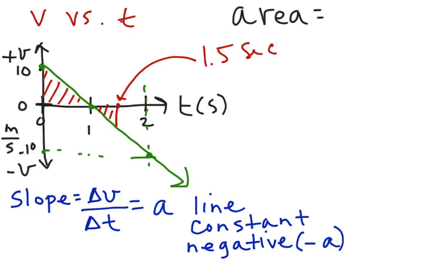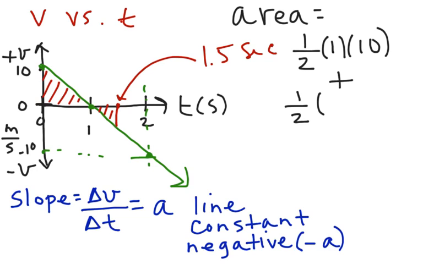So the triangle above the horizontal axis, the area of a triangle, I believe, is 1/2 base times height, is going to be 1/2, the base is 1 second, the height is 10, and we're going to add that to the area underneath the time axis, which is going to be 1/2. The time I'm interested in is only from the 1 second to the 1.5 second, and the difference between those two is 1/2 second, or 0.5.